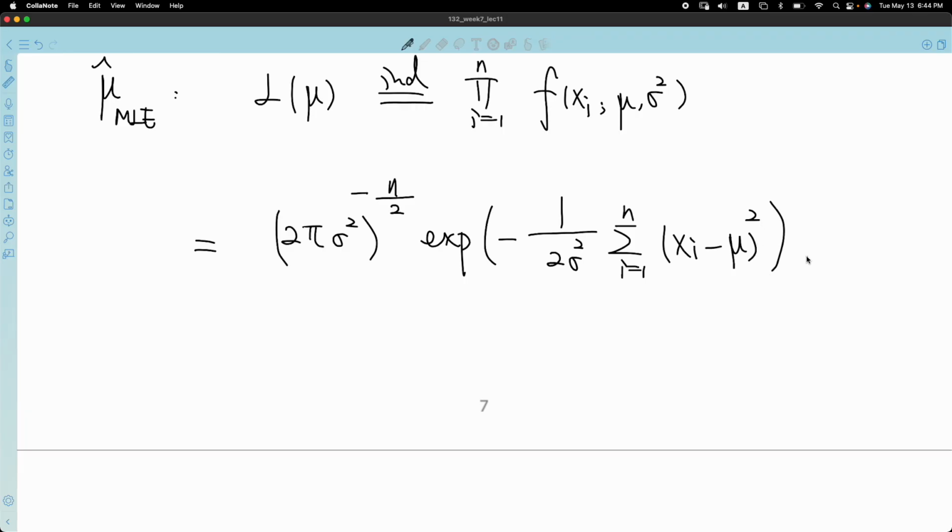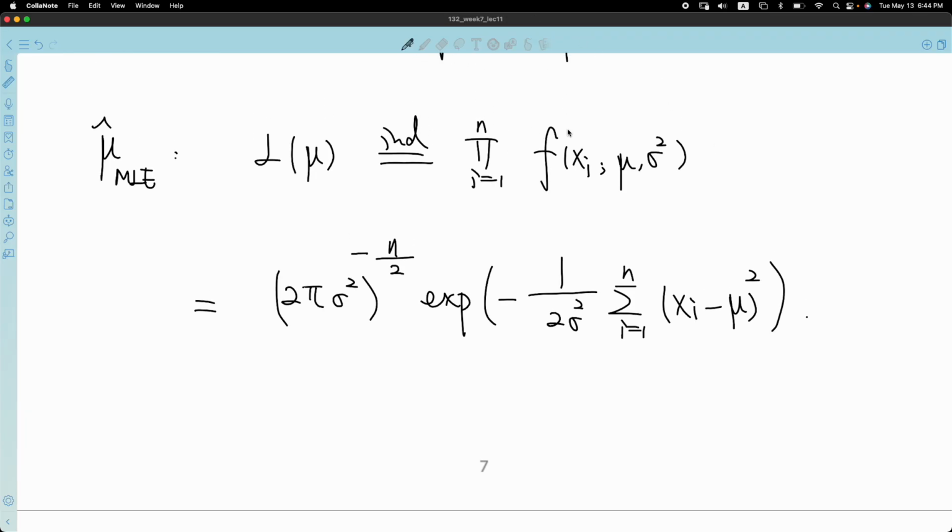Okay, so I'm just multiplying n copies of that. The power of this part, the n, is coming from n copies of the products of these things. And then the product of the exponentials is the exponential of the sum. So here you have the sum of them.